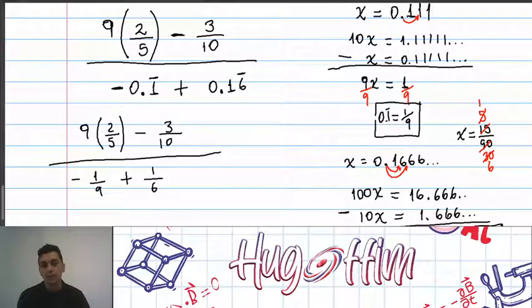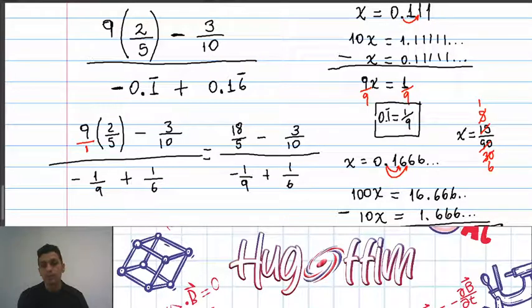So for example, in this case, I'm going to multiply 9 times 2/5. So I'm going to set it over 1. 9 times 2, 18. 5 times 1, 5. So I'm just going to have 18/5 minus 3/10 over negative 1/9 plus 1/6.